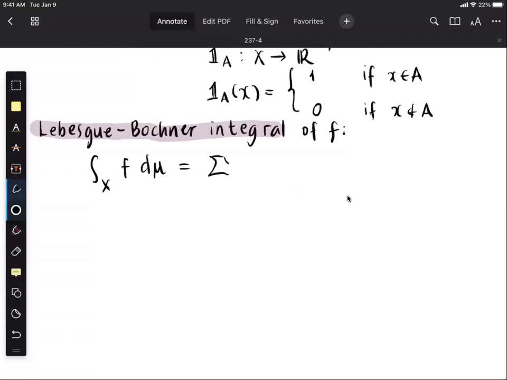So this is the sum over all images of f: take the image, then take the pre-measure of the inverse image.